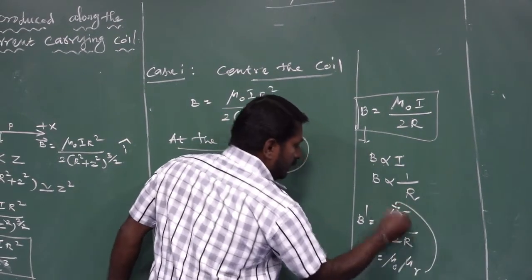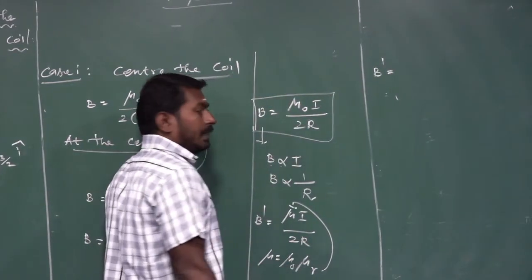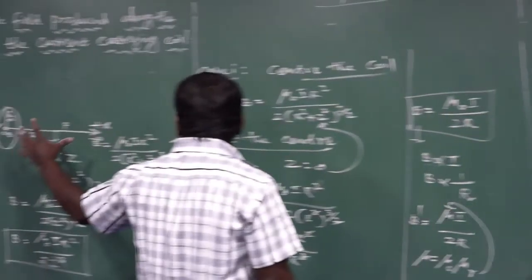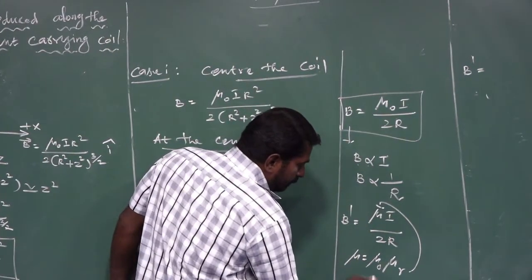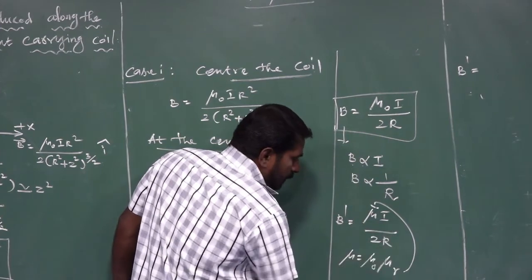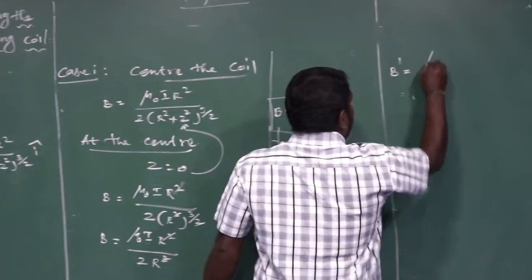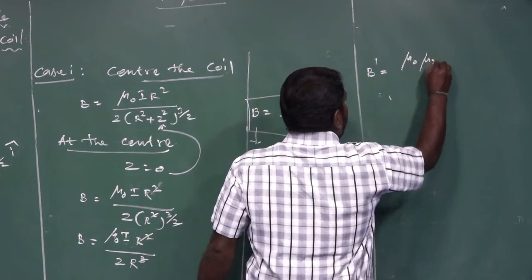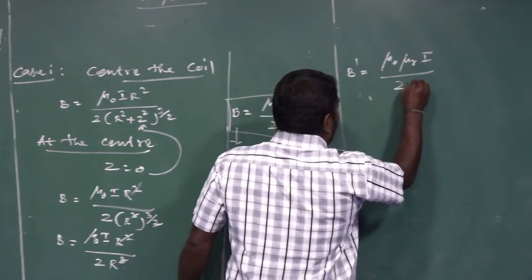Substituting here, for the circular coil kept inside the medium of permeability mu with relative permeability mu r, B prime is equal to mu naught mu r I divided by 2r.